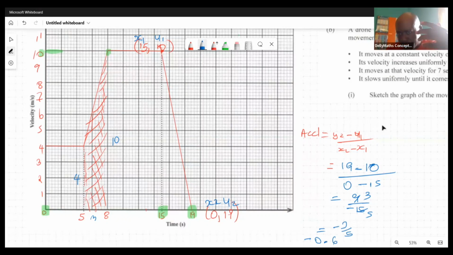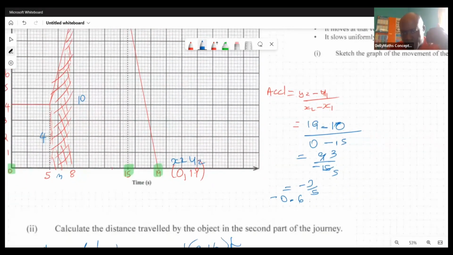It's up to you, you could represent this many ways. So we could have negative 3/5 or negative 0.6 meters per second squared. Let me just write this properly: negative 0.6 meters per second squared. Final.